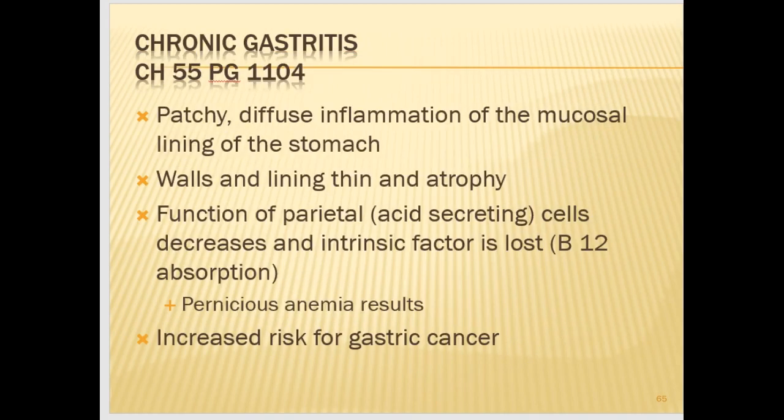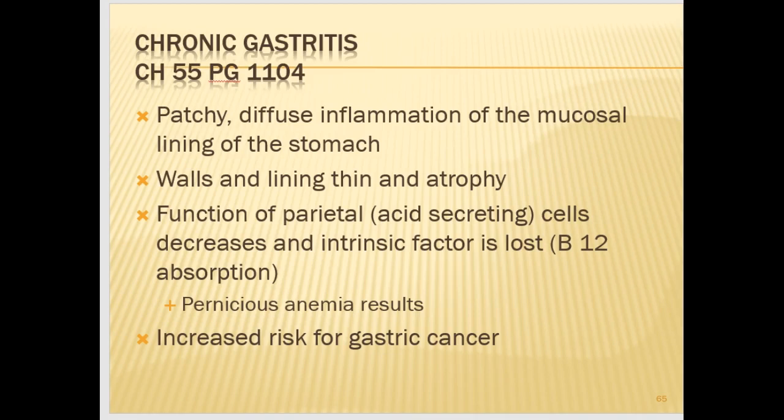So let's continue on with chronic gastritis. We just talked about acute. Now chronic gastritis. Look at all these symptoms here. Look at right here: function of the parietal acid-secreting cells. We talked about those. It decreases and intrinsic factor is lost, so B12 absorption is affected.